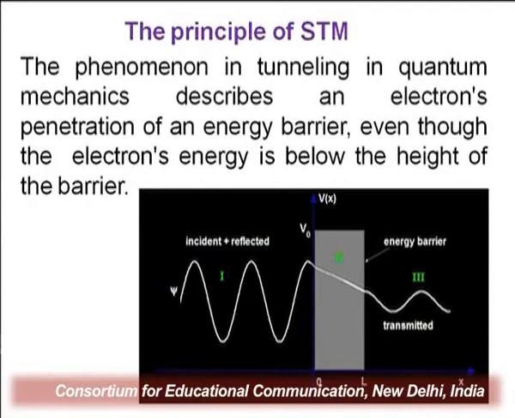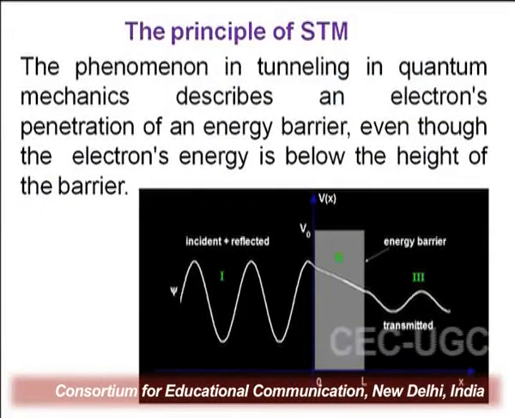So we have a quantum wave which passes through the energy barrier, and even though the electron's energy is below the height of the barrier, it can still tunnel through the barrier, and after that the wave can be formed.